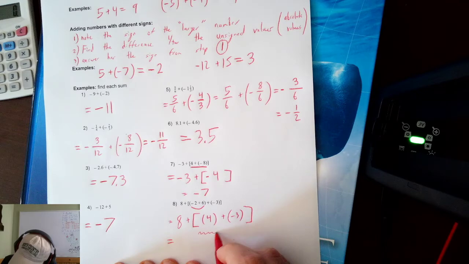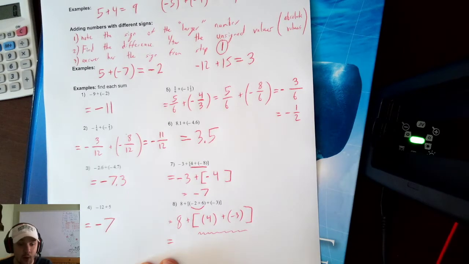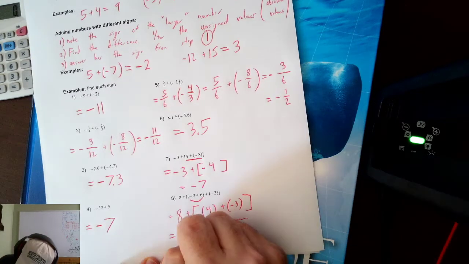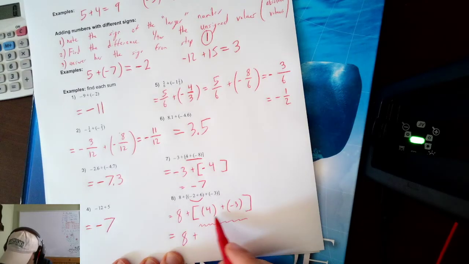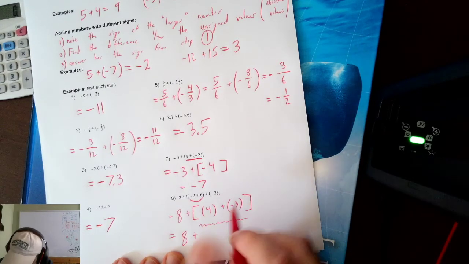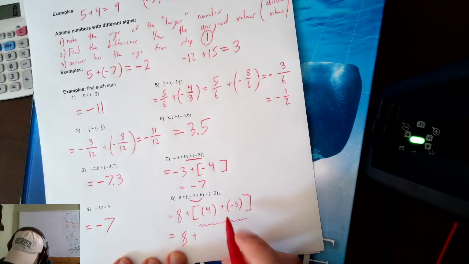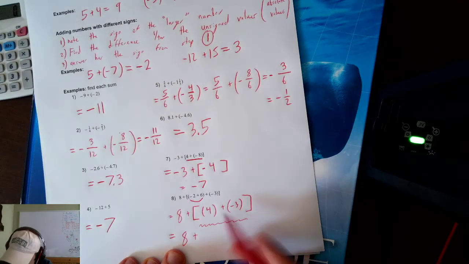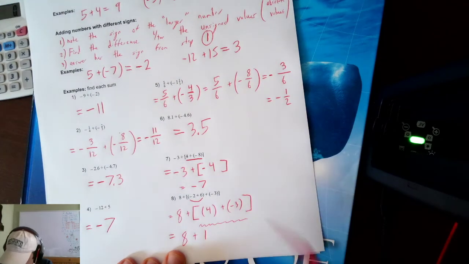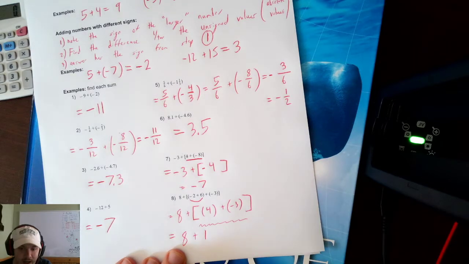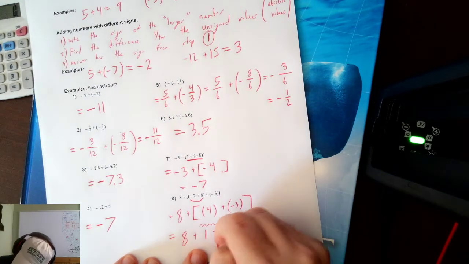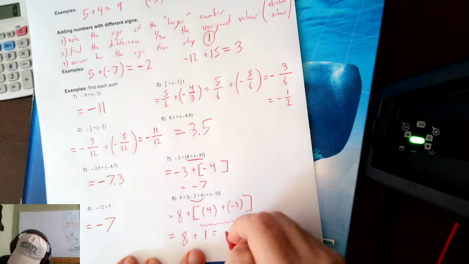Once again, I'm working in the brackets still, right? I'm working in my grouping symbols first. I'm going to have 8 plus 4 and -3. Well, it's going to be positive, because 4 is bigger than 3, and it's going to be what? Positive 1. 4 and -3 have a difference of positive 1. And then 8 and 1 make 9, right?